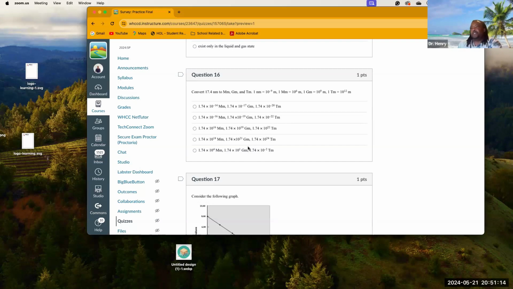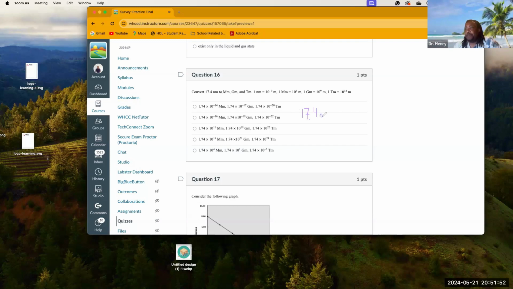Okay, so convert 17.4 nanometers to millimeters, gigameters, and I'm going to assume terameters. So we have 17.4. If we do the very first one, it'll help everything. So let's start off with the very first one.